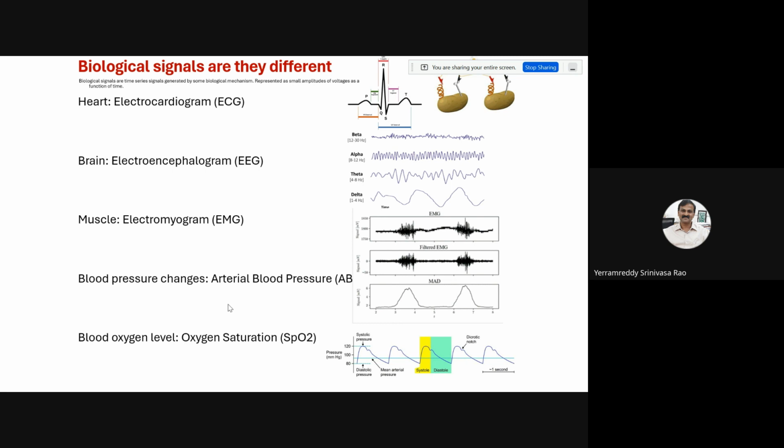Your blood oxygen level is not the same. It depends on the amount of oxygen you are breathing. If you don't breathe properly, then the oxygen in your blood is not the same, and you may feel weak, so you should breathe properly.